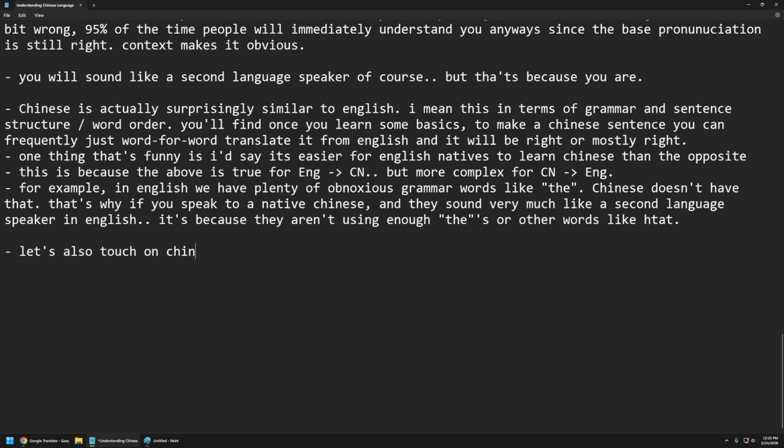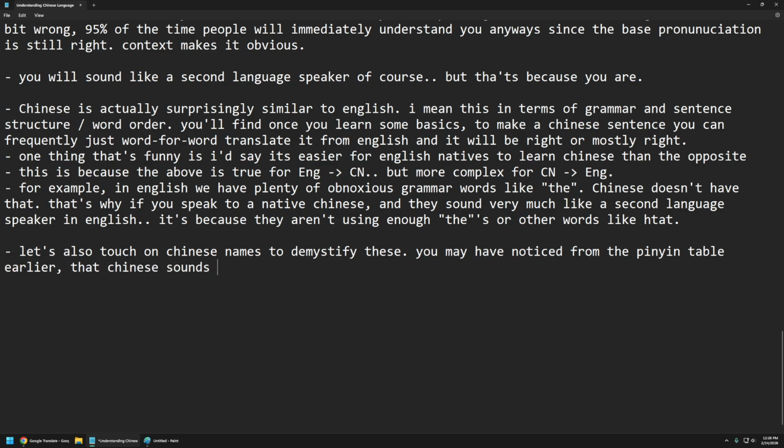Let's also touch on Chinese names to demystify these. If you look at Chinese names and you're not familiar, you may think, what the heck? It looks complicated. I don't know how to say that. You may have noticed from the pinyin table earlier that Chinese sounds are pretty much all one syllable long.